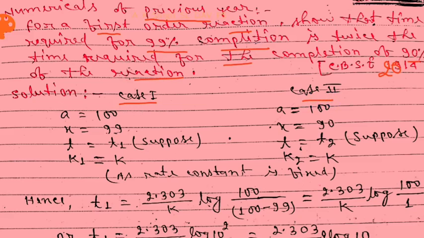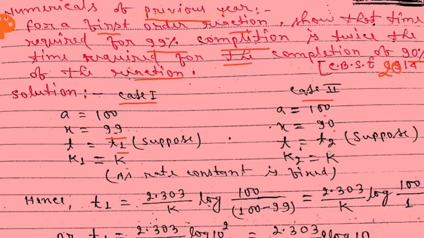In case first, A is equal to 100 moles per liter, X is equal to 99 moles per liter, t is equal to t1, suppose, and k1 is equal to k. Case second: A is equal to 100 moles per liter, X is equal to 90 moles per liter, t is equal to t2.